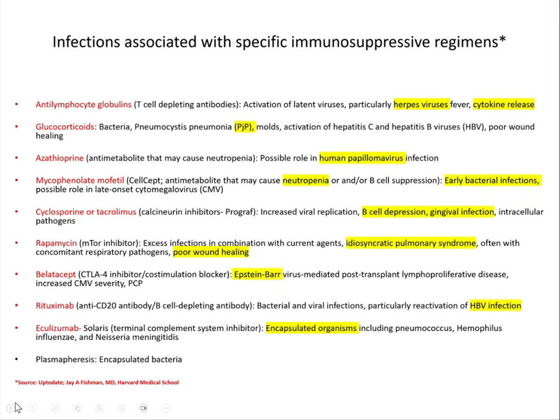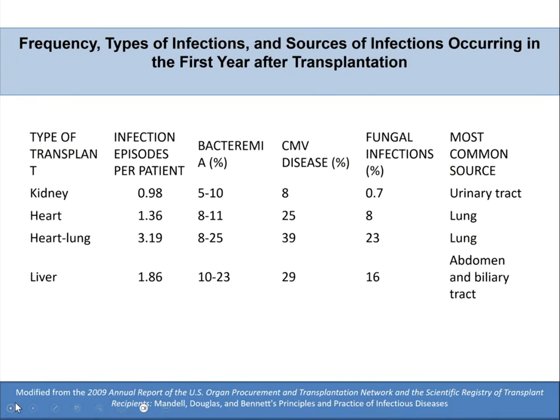If your patients are on one or a couple of these, you have to brush up on it, and there is always a new warning sign that something's up with the drug. So let's zoom in a little bit and see what kind of infection syndromes happen in the different organs. You can guess, for kidney, at least one infection episode per patient.